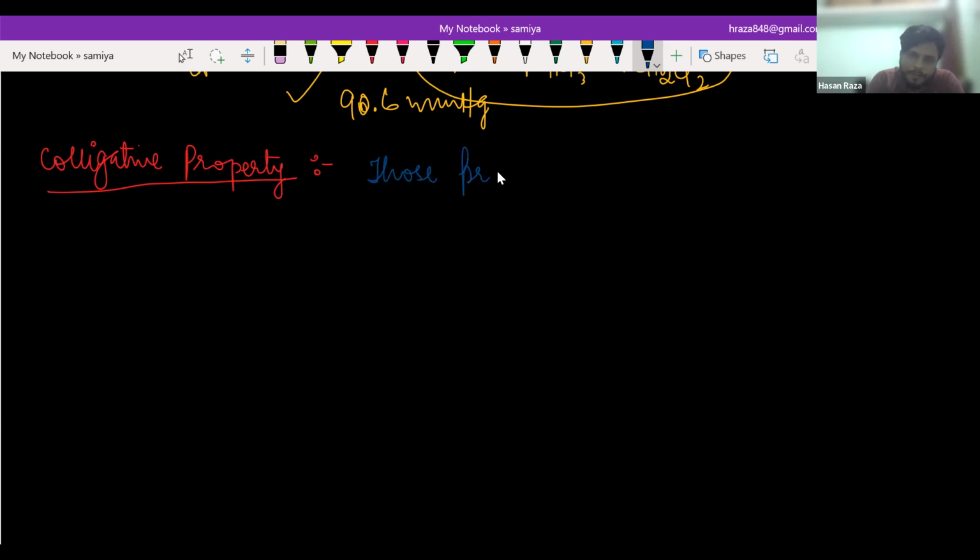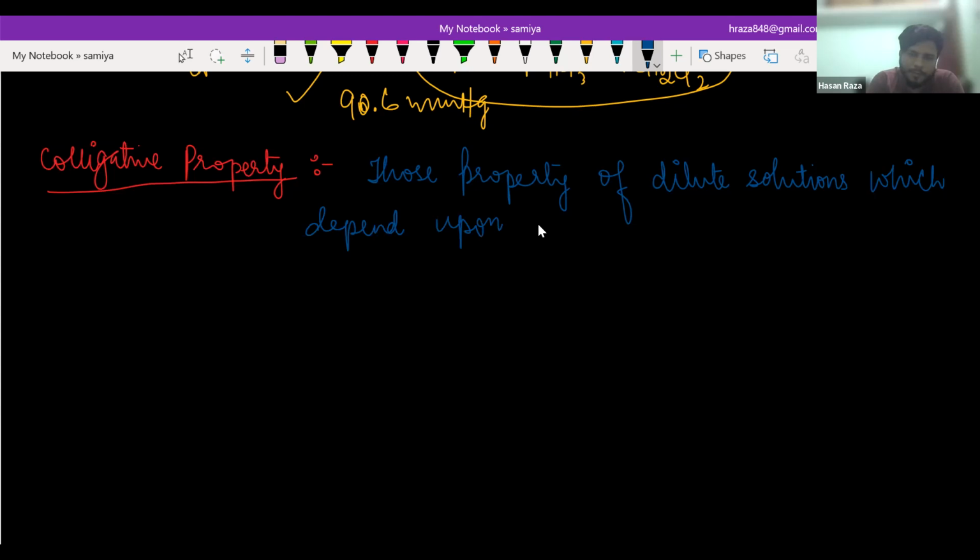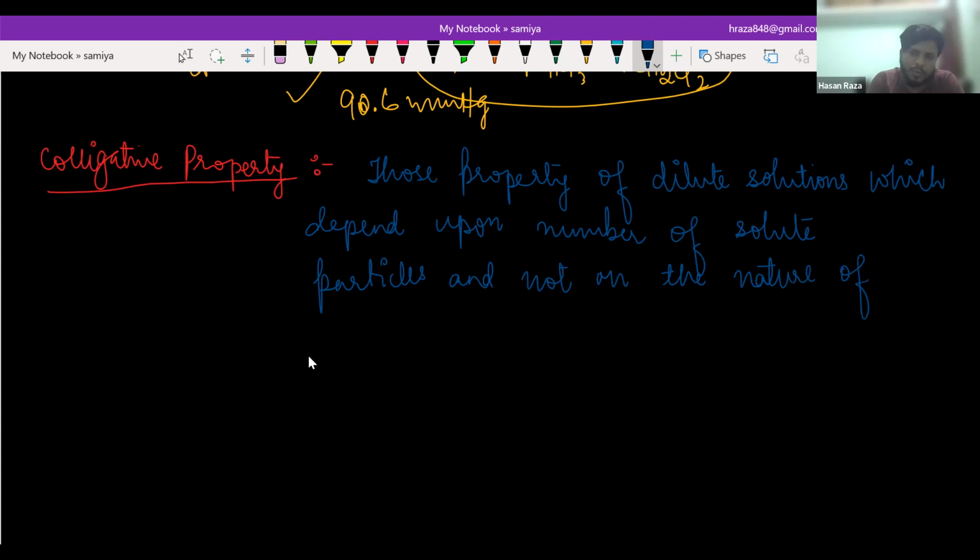Those properties of dilute solutions which depend upon the number of solute particles, and not on the nature of solute particles, that is called colligative property.